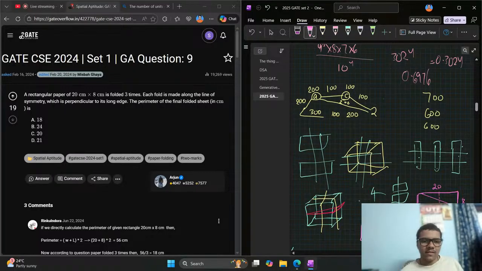Wait, what? Perpendicular to the long edge, okay? It will be folded 10, 8. Now this is the long edge as well. Now it is 5 and 8. 10 plus 16, 26 centimeters it is to be.